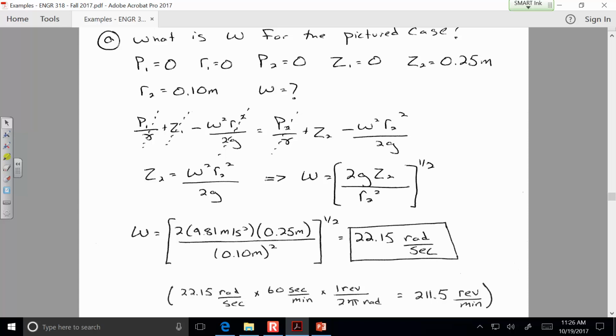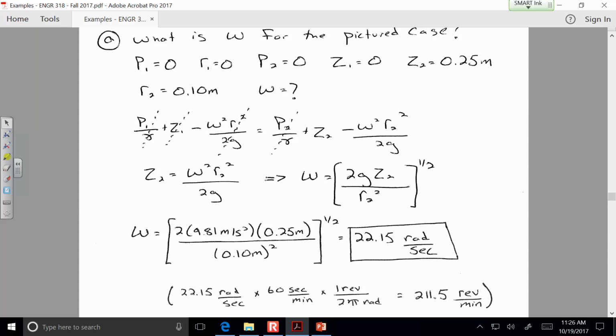Then we convert that from radians per second into revolutions per minute. We multiply by 60 to go from seconds to minutes, and divide by 2 pi to go from radians to revolutions. So it's the inverse of the conversion I showed you on the previous slide, since we're going from radians per second into RPM. So how many people got 211.5 RPM?